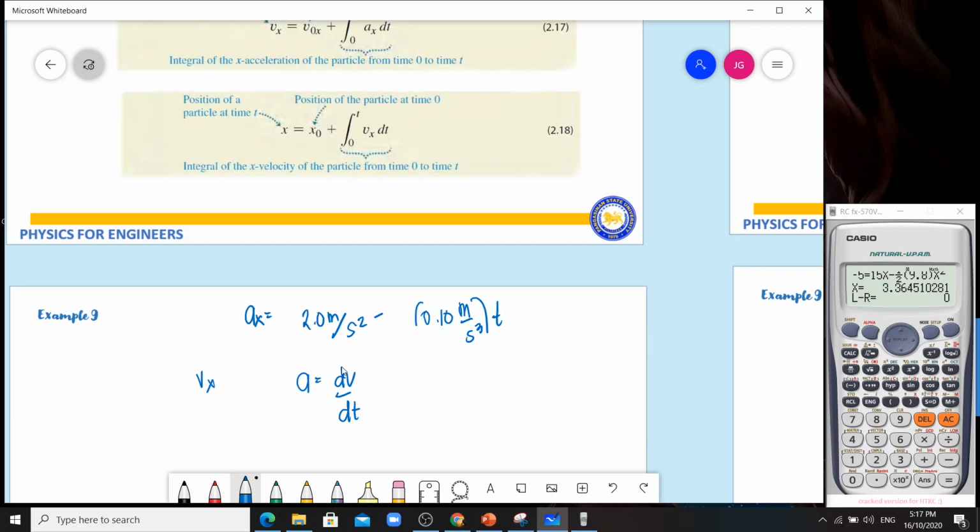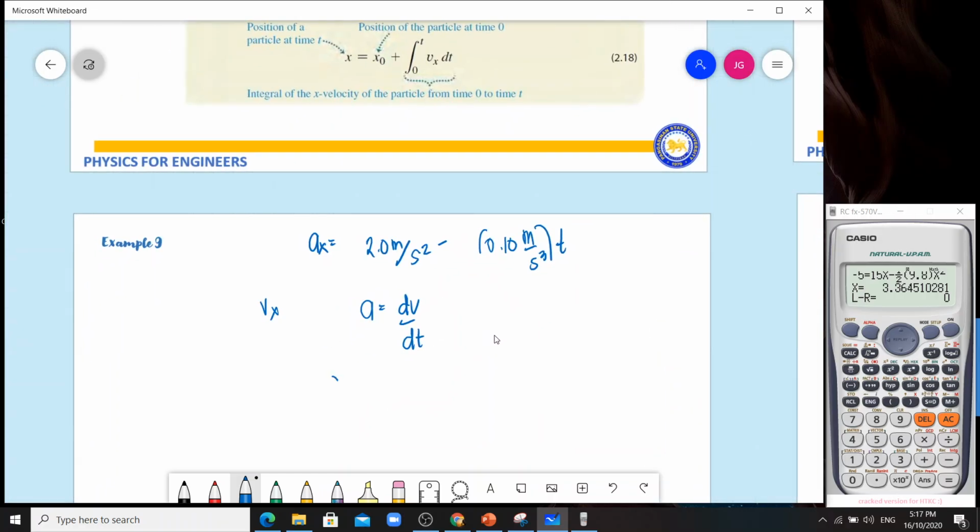Ang hinahanap natin yung V. So, makukuha lang natin yung V kapag A dt is equals to dV. Okay? At in-integrate natin to. Diba? So, ang mangyari is dV is equals to A, which is 2.0 meter per second squared minus 0.10 meter per second cube t dt.